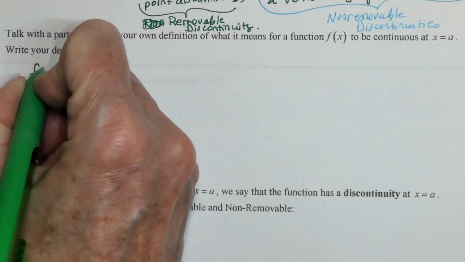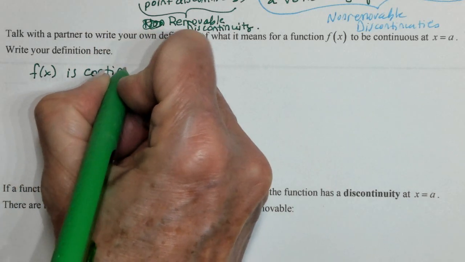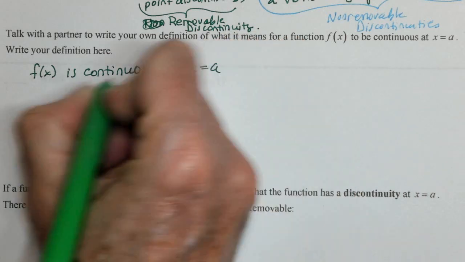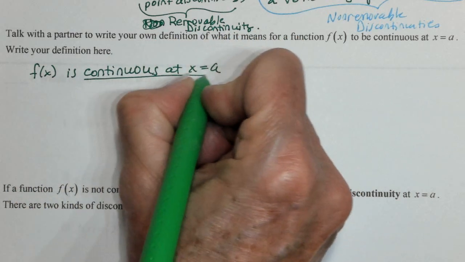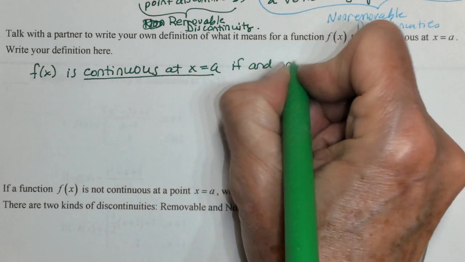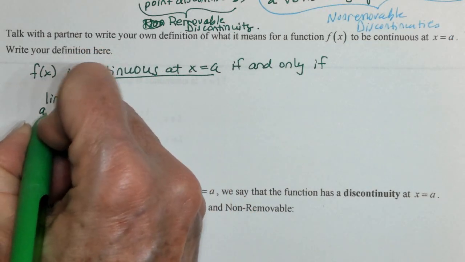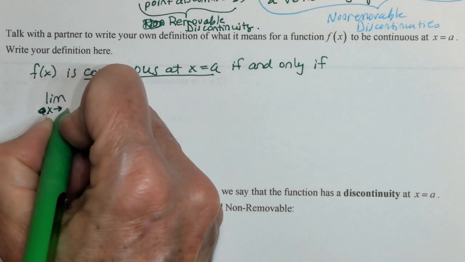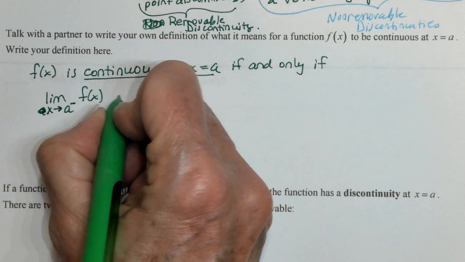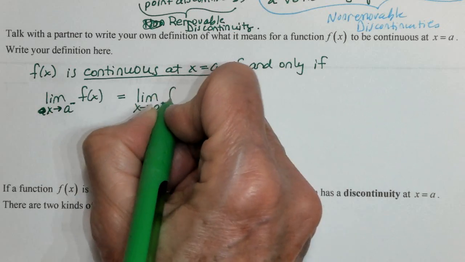So f of x is continuous at x equals a if and only if the limit as x approaches a from the left of f of x is equal to the limit as x approaches a from the right of f of x.